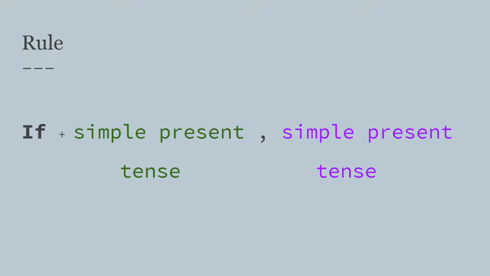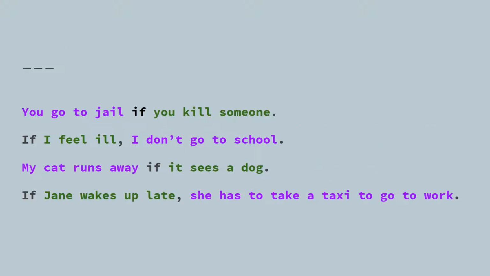In the situation section, the section with if, we always use the verb in simple present tense form. And in the result section, we do the same thing and we use the verb in simple present tense form. Now let's take a look at some examples and see how we apply the rule of zero conditional.